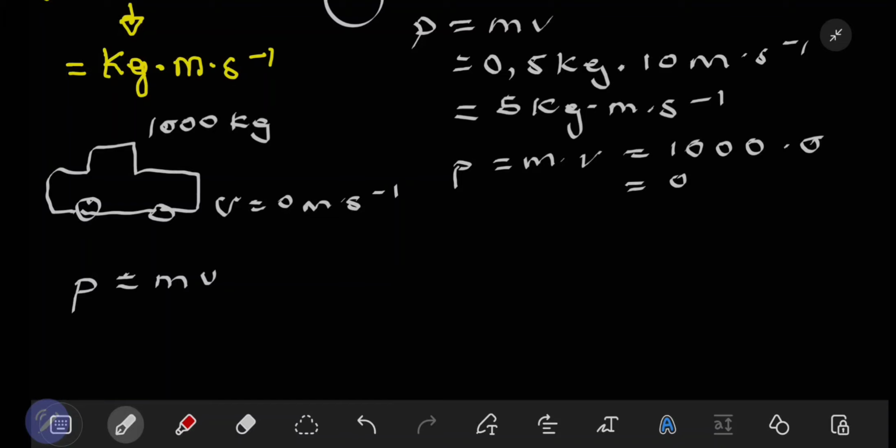Going back to grade 10, we learned that mass is a scalar quantity, and it has only what? The magnitude. Because there is no way we can say a cement weighs 50 kg to the left or 50 kg to the right. We can only say the cement weighs 50 kg. So it has only the magnitude.